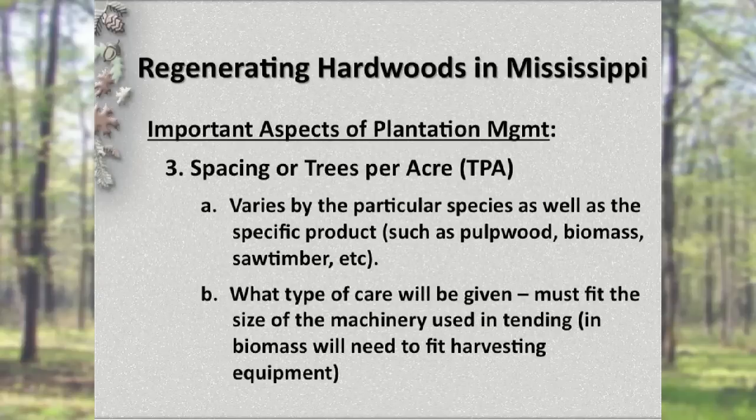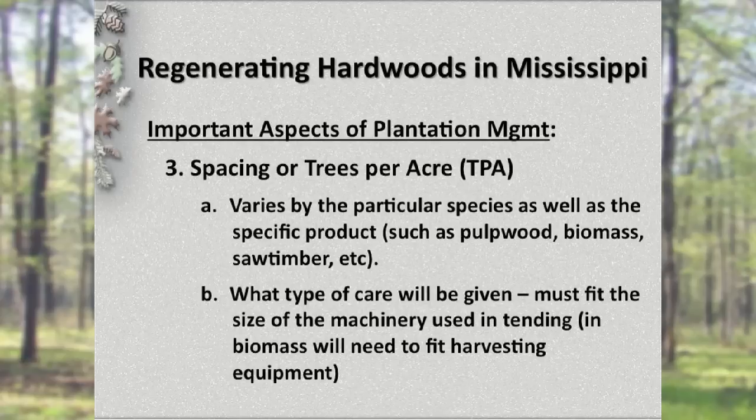Spacing of our trees per acre is going to greatly vary by the particular species as well as our specific product. If we're looking for pulpwood, maybe a 12 by 12 foot spacing. If we're looking at biomass, probably a much tighter spacing, maybe a 6 by 3 foot spacing. What about saw timber? Then eventually we're going to get to a very, very wide spacing.